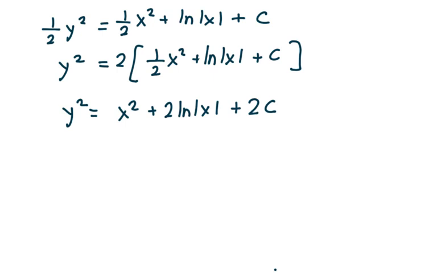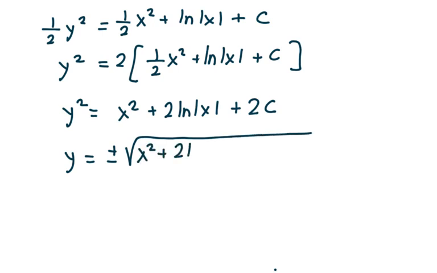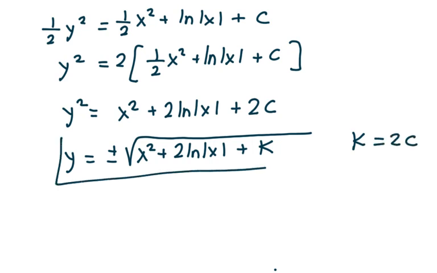Now, I get to solve for y. So y is plus or minus the square root of x squared plus 2 natural log of the absolute value of x plus, we'll call it k, where k equals 2c. And that's how we do problem number 5.